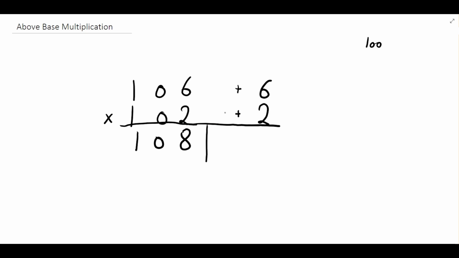And the next step is multiplying the right hand side. So 6 into 2 gives us 12. And that's it. That's our final answer. 10812. Now keep in mind 12 here is a 2-digit number, which is apt because our base has two zeros.